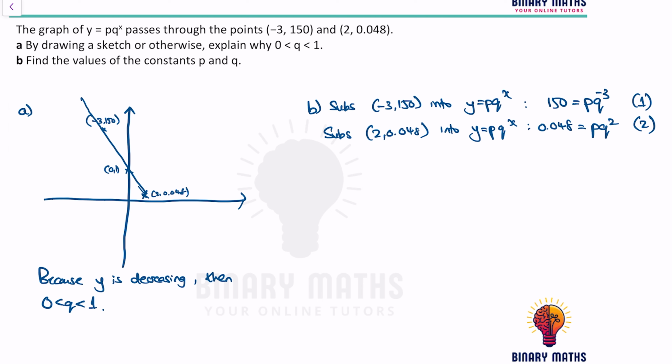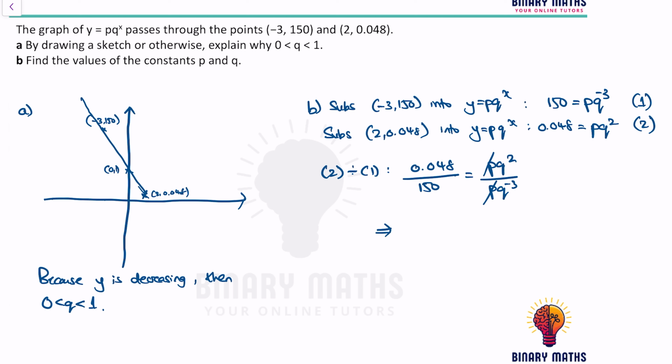Again, I notice I can eliminate p in both of them, and I might as well do 2 divided by 1, so I end up getting q to the positive power: 0.048 over 150 is equal to pq^2 over pq^(-3). So the p's cancel out.